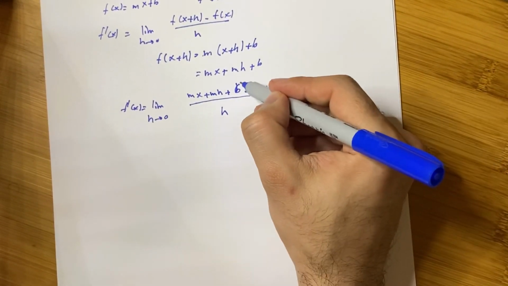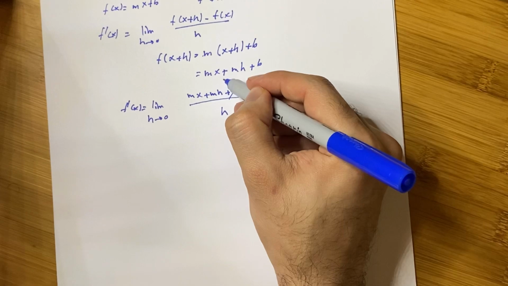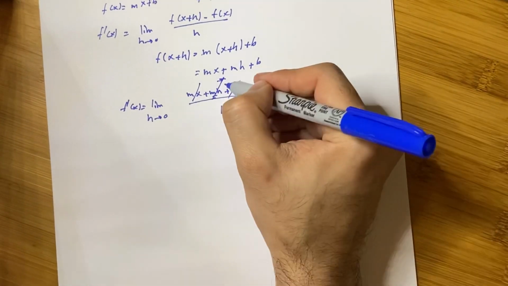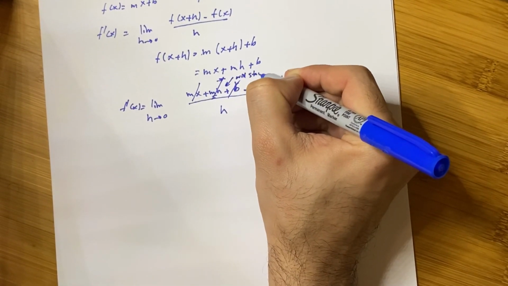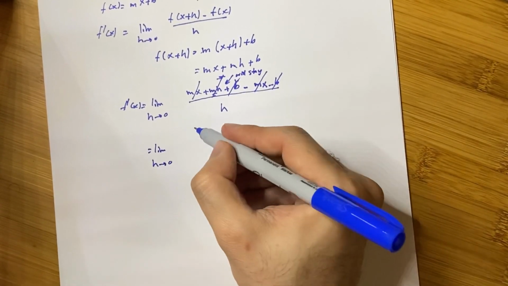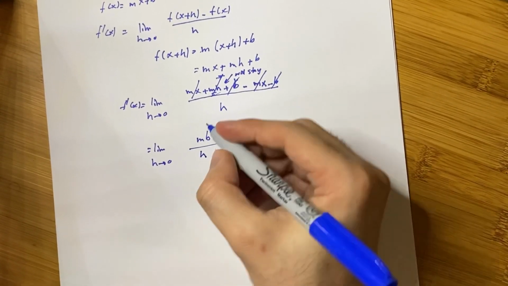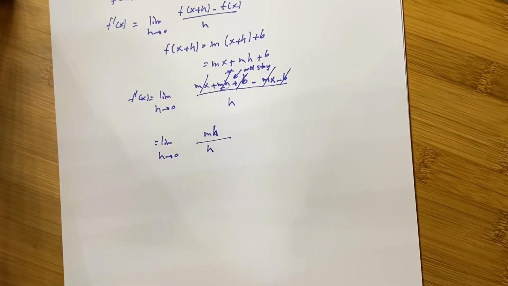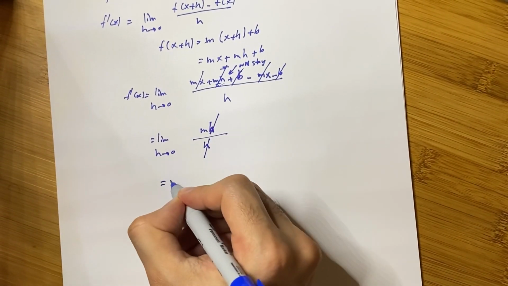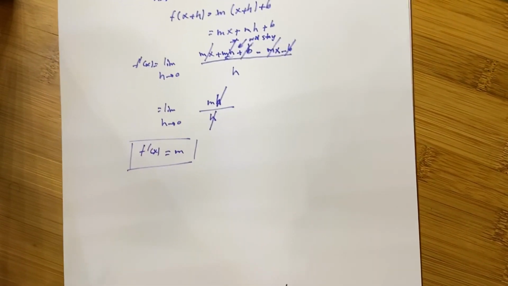So this term, positive b and negative b, will go, and then negative mx with positive mx will go. This term will stay. So that will be the limit as h goes to 0 of what's left, which is mh, over h. So what does that mean? What we are left with is just an m, and that is the derivative of a linear function.